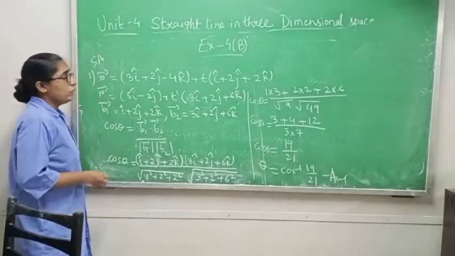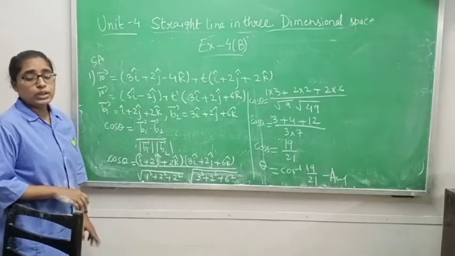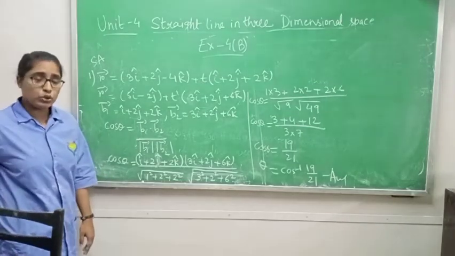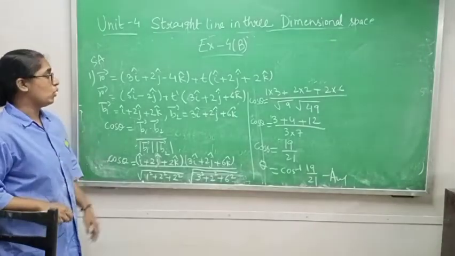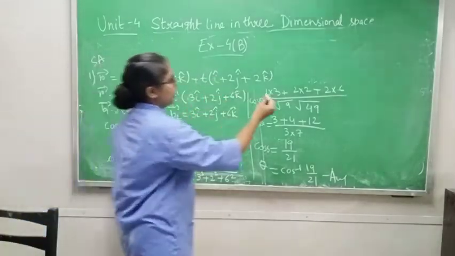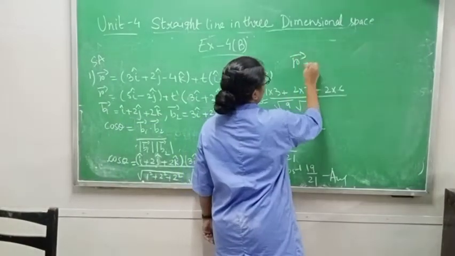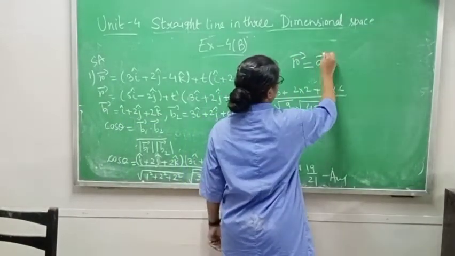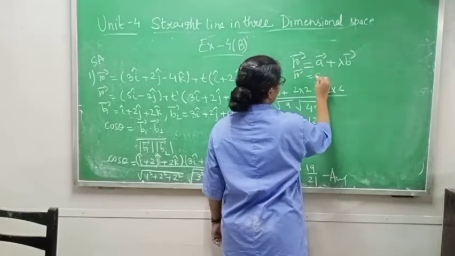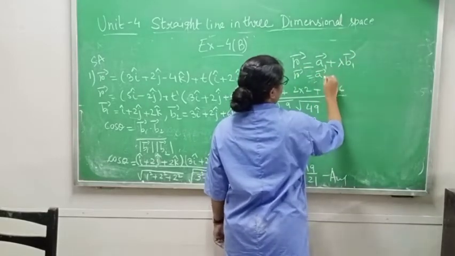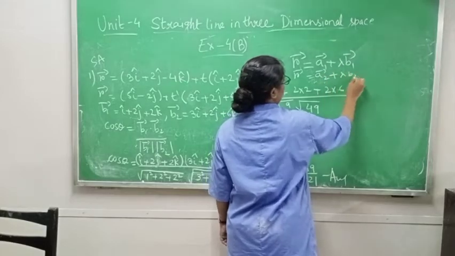First of all, when vector equations of two lines are given, first you have to find b1 and b2. You know the equation r vector equals a1 vector plus lambda b1 vector, and r vector equals a2 vector plus lambda b2 vector.